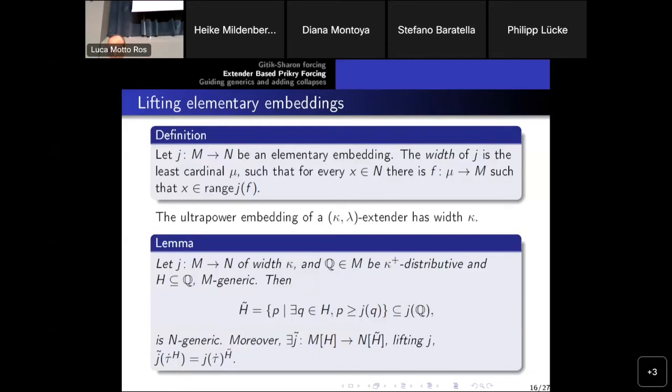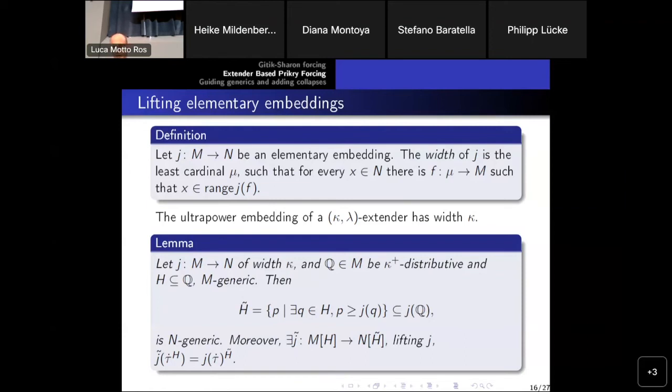And there is a lemma, I think, I'm not sure if it's due to Woodin or maybe earlier than that, saying that when I'm adding a generic filter for kappa-plus distributive forcing for my model, the elementary embedding lifts in a unique way.